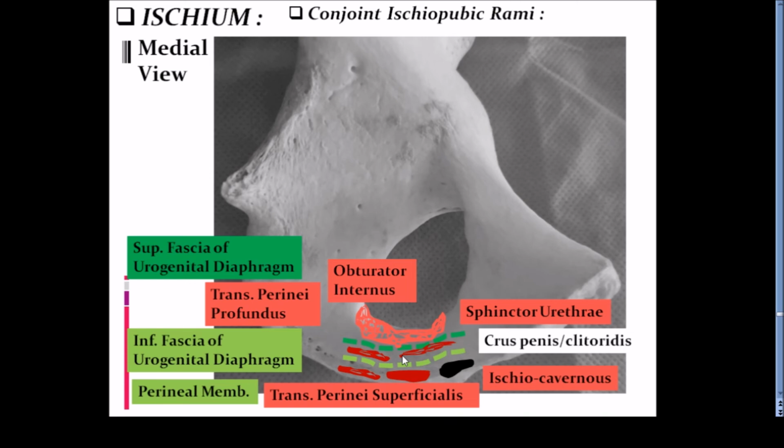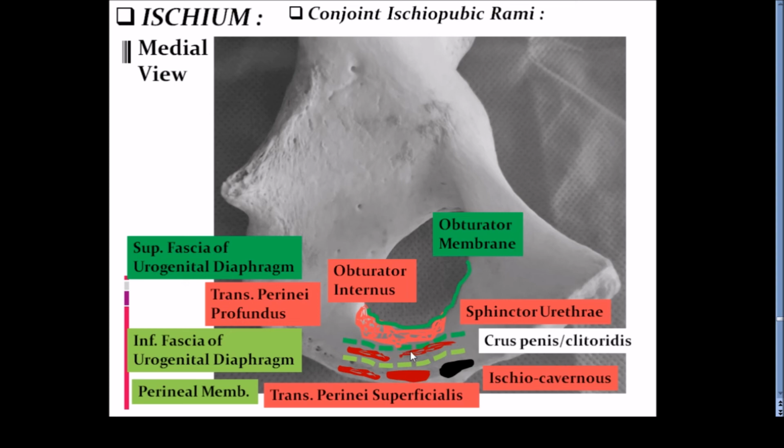To summarize, the attachments on the inner surface of ischiopubic rami, including the upper margin and the lower margin, from above downward. The upper margin of ischiopubic rami gives attachment to the obturator membrane. Below it, obturator internus, below it superior fascia of urogenital diaphragm.